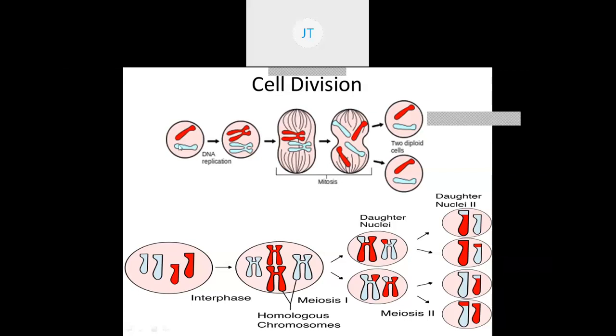Here we showed only one pair before because whatever happens in this one pair happens in the remaining 22 pairs. But during meiosis something different happens, so we show you two pairs of chromosomes. From two pairs there are four chromosomes.